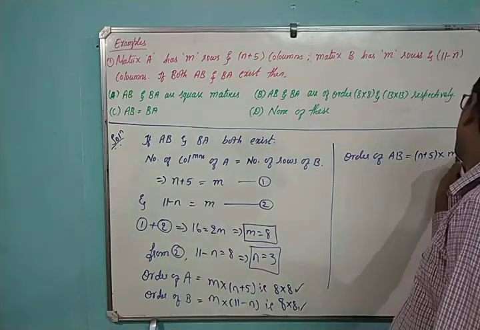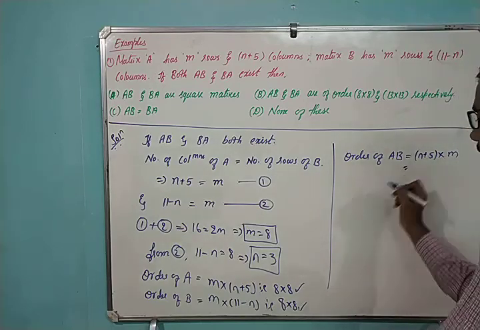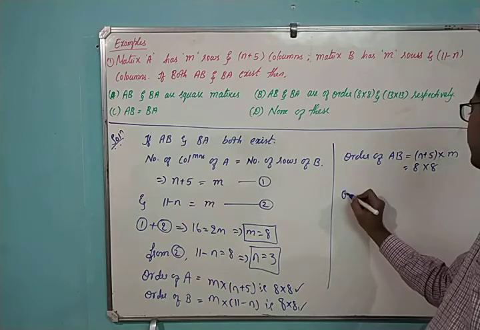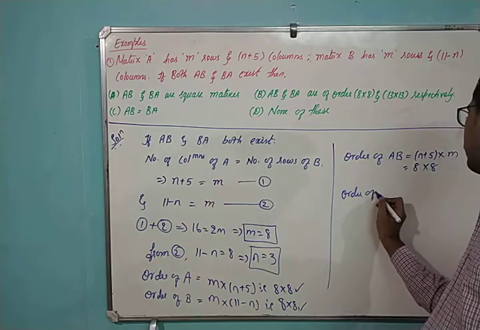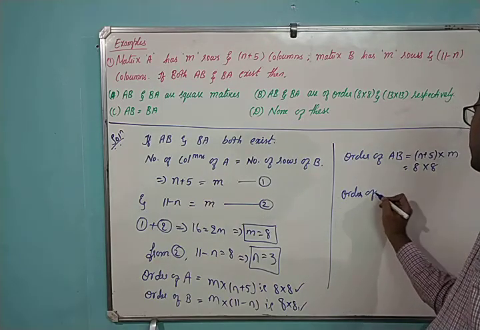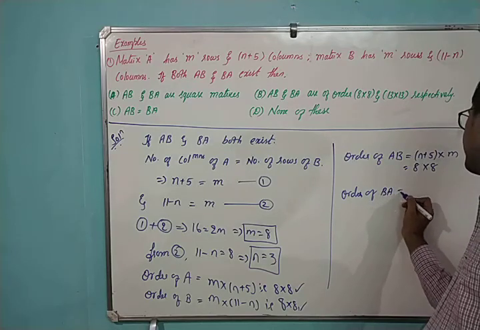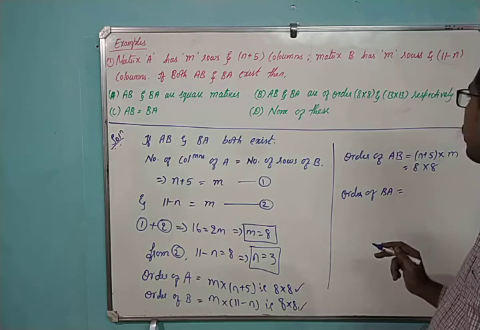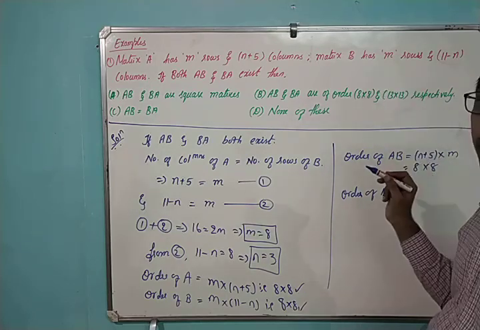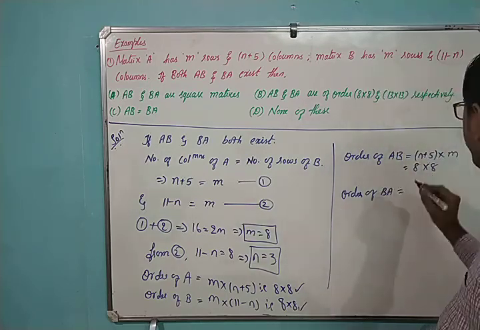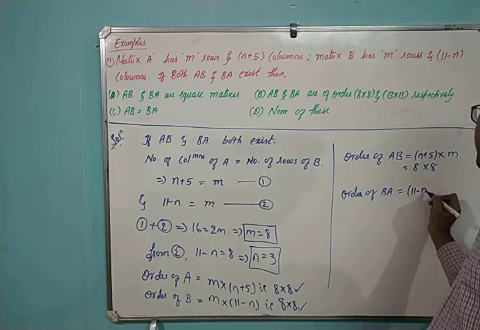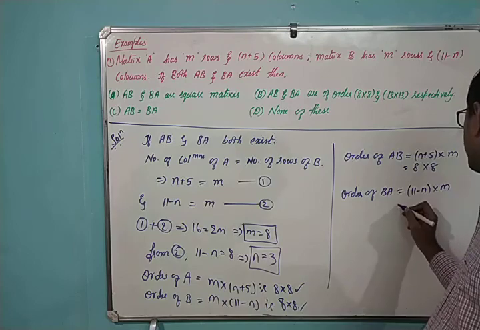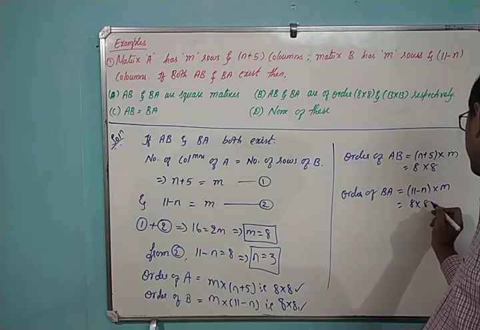That is nothing but n plus 5 is how much? 8. 8 cross 8. Order of BA. Right? That is number of rows of B into number of columns of A. 11 minus n into m. So that's 8 cross 8.